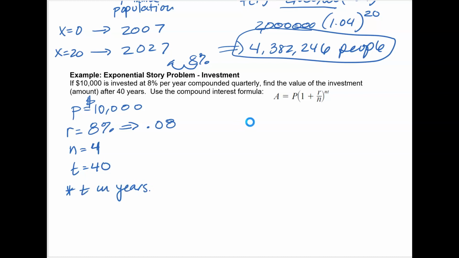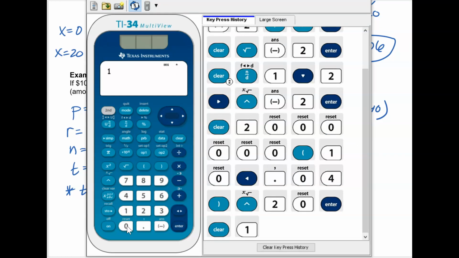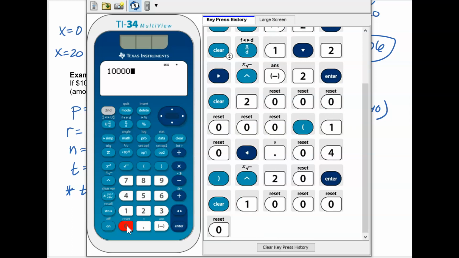So I'm just going to plug all of those numbers in. So 10,000 for p, 1 plus my rate over my n, times t, and then you can go ahead and just plug that into the calculator. And so remember, you can plug that in exactly how it looks. So if you've got the TI 30 or 34, you can plug it in. You can also do this on the graphing calculator.